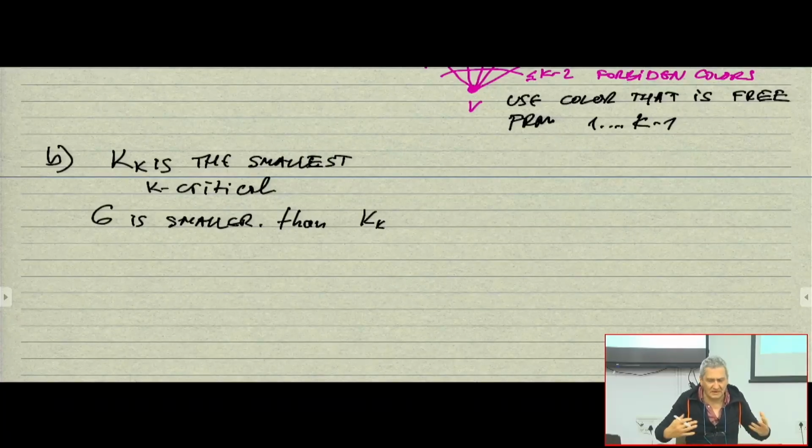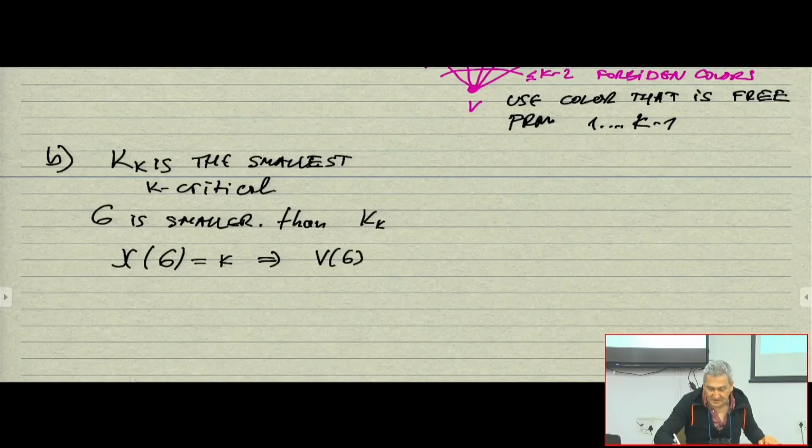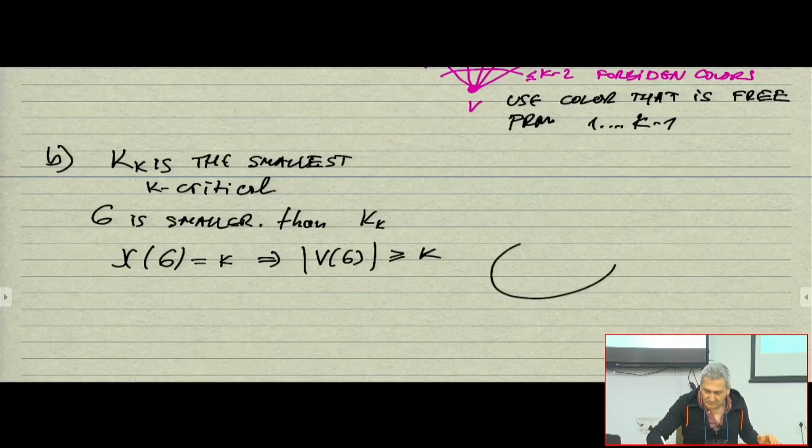The chromatic number should be K. If the chromatic number of G is K, then the number of vertices must be at least K. Can it be smaller? Okay. So what is our hope? Our hope is G is actually K_K minus some edges. We obtain G from K_K by removing some edges. We remove this edge, maybe another one or another one.